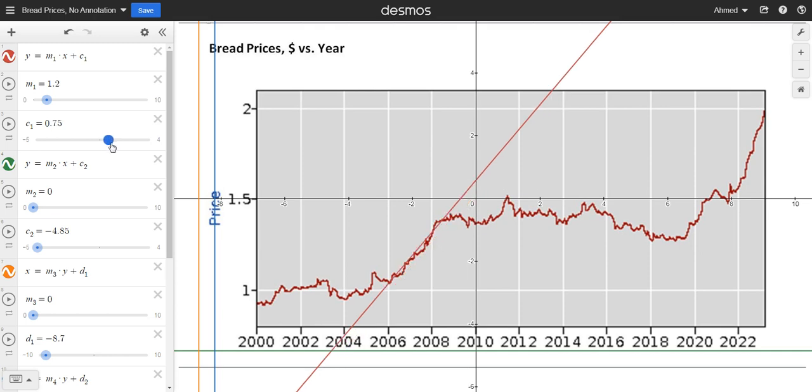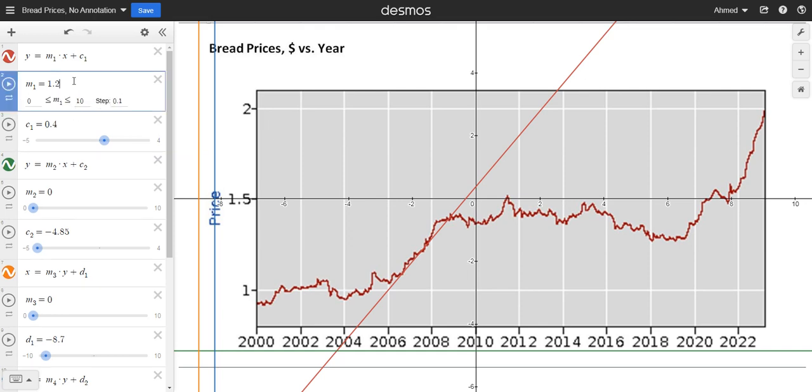I can move this line again by moving the intercept, and more or less I've now got the slope of the line, which is 1.2. You can change the resolution by clicking in this region here where my cursor is.